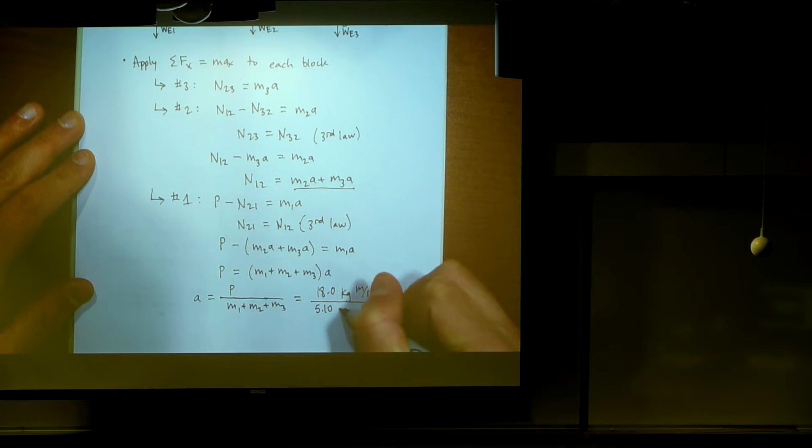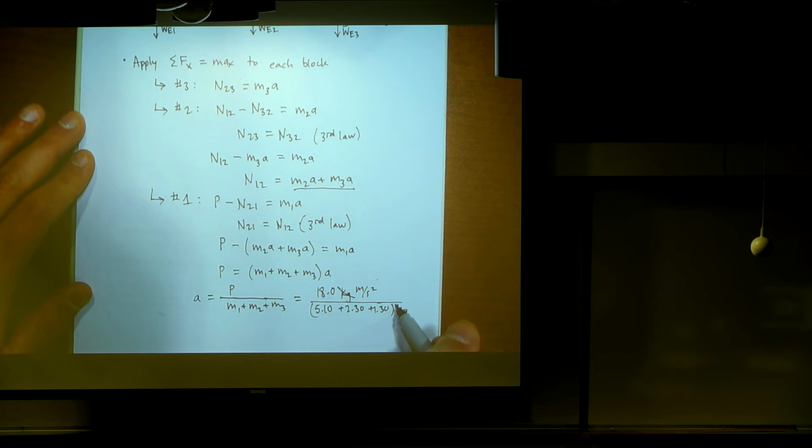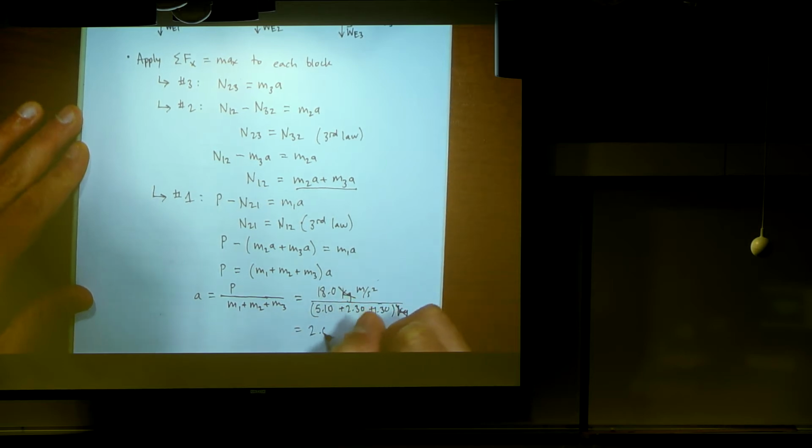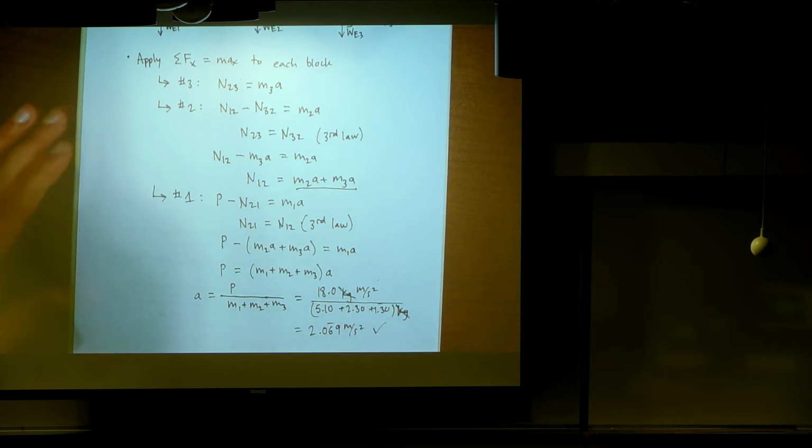That's 5.1 plus 2.3 plus 1.3, and all of that has units of kilograms. So we can cancel out those kilogram units and just be left with meters per second squared. And what you get is about 2.069 meters per second squared. So that's the acceleration of all these blocks.